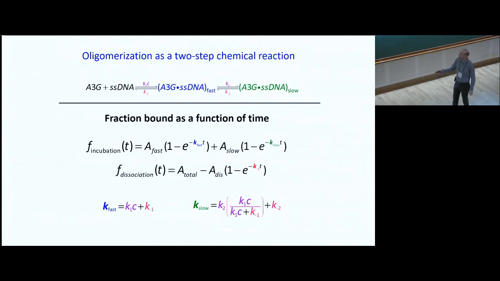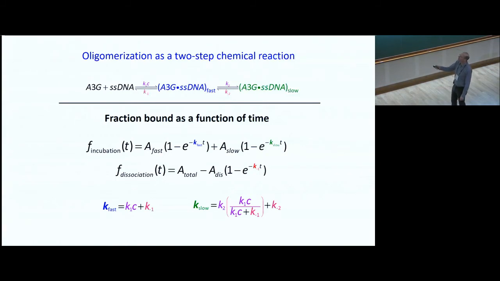And again, you can solve this model if you make the approximation that there's a quasi-equilibrium in between. And then you'll notice that I call these K-fast and K-slow, and that's not the same thing as K1 and K2. Okay? The reason is because the slow rate is actually fed by the bimolecular rate. So even though this rate doesn't depend on concentration, it's fed by a rate that does depend on concentration.